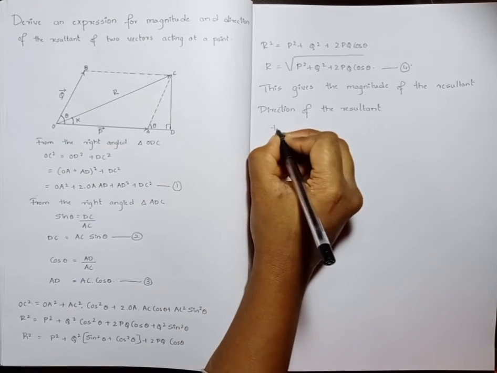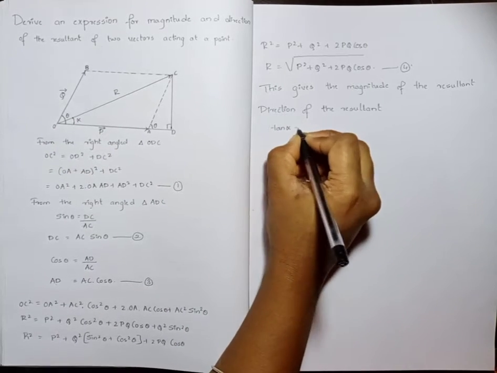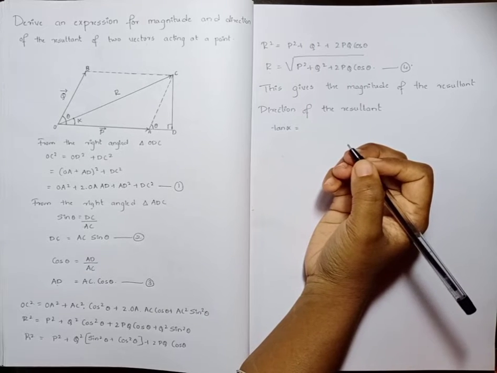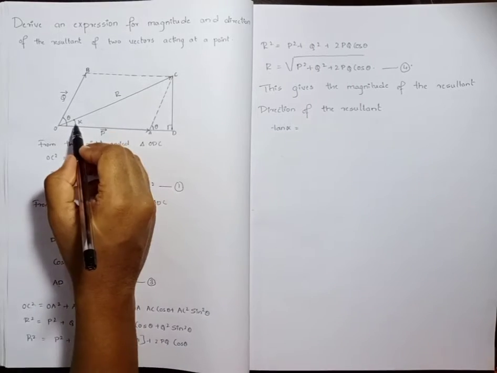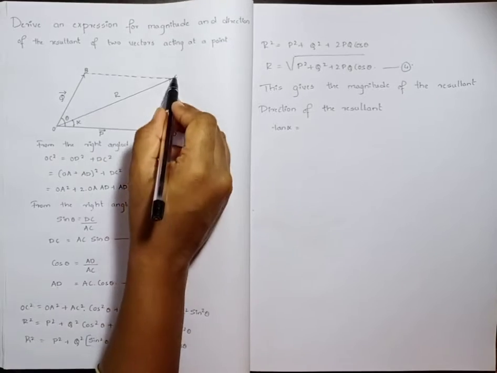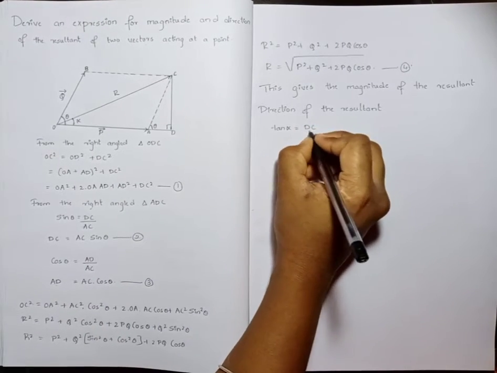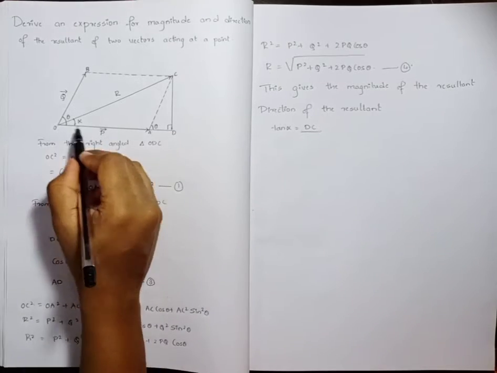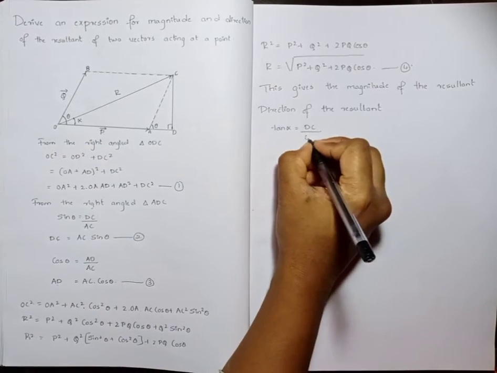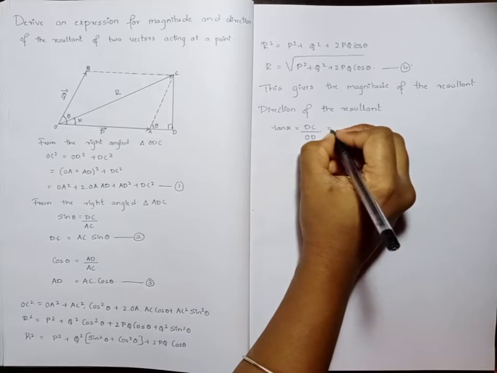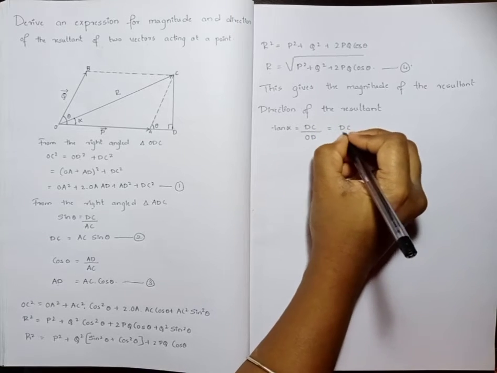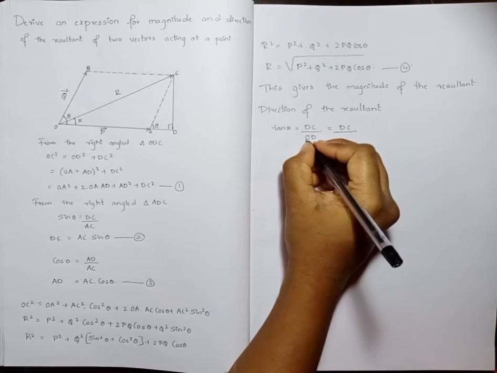So tan alpha is equal to, what is the tan alpha here? For this right angle triangle, opposite by adjacent, DC by OD.